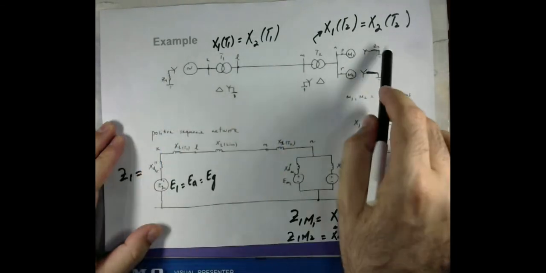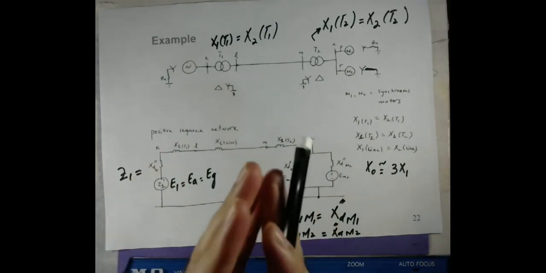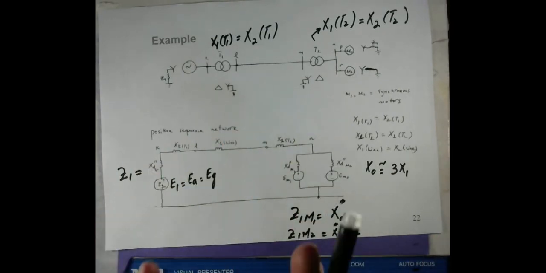So we have to take these two now, because we have discussed that the Zn, which is the impedance to the ground, only appears in the zero sequence network.